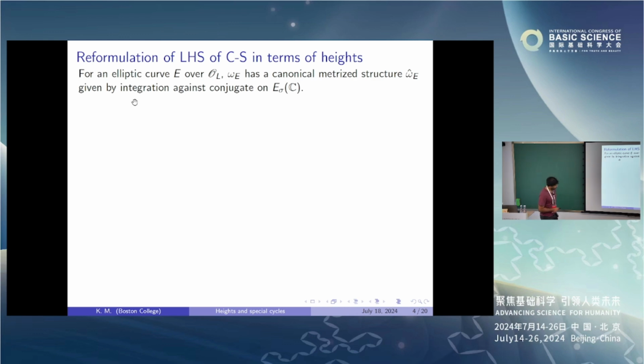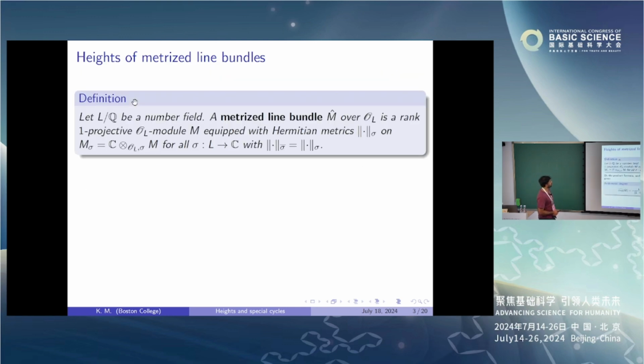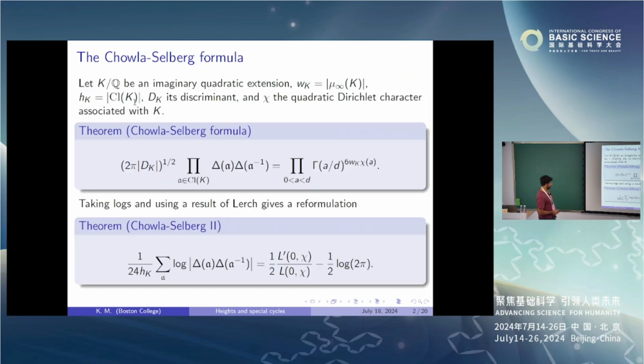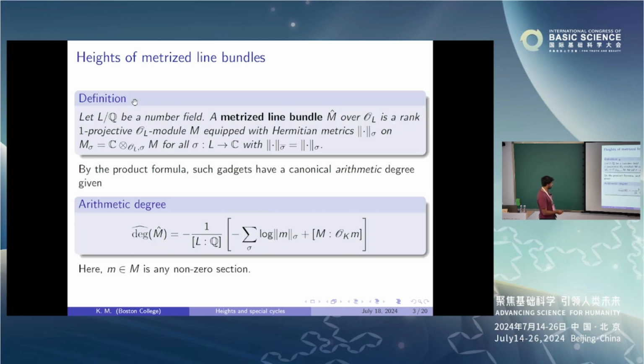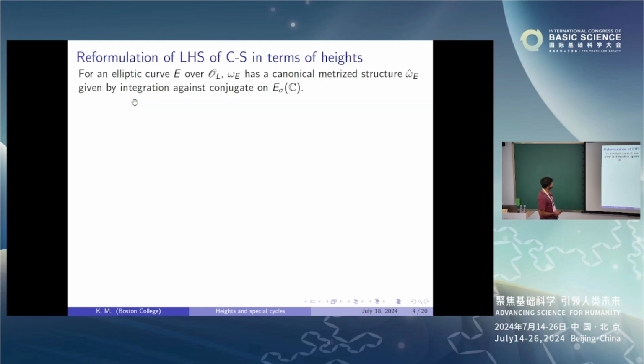So now we can reformulate the left-hand side of the Chowla-Selberg formula. If you remember, it was this quantity over here, and at least to me, it's a little mysterious, until I saw this perspective.